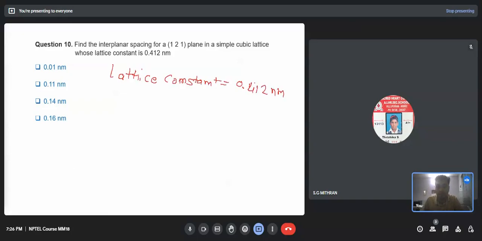It means lattice constant is a value, and it is given here. And another thing given here is interplanar spacing. Plane is given here, 1 1 1 plane. And the main important thing is simple cubic lattice is given.